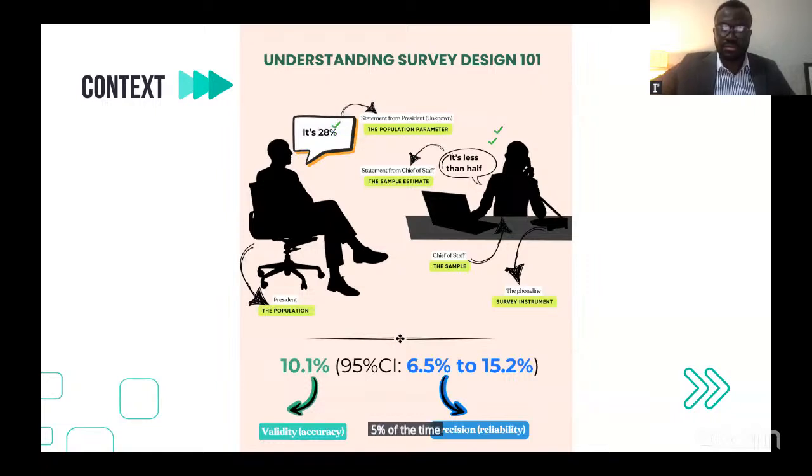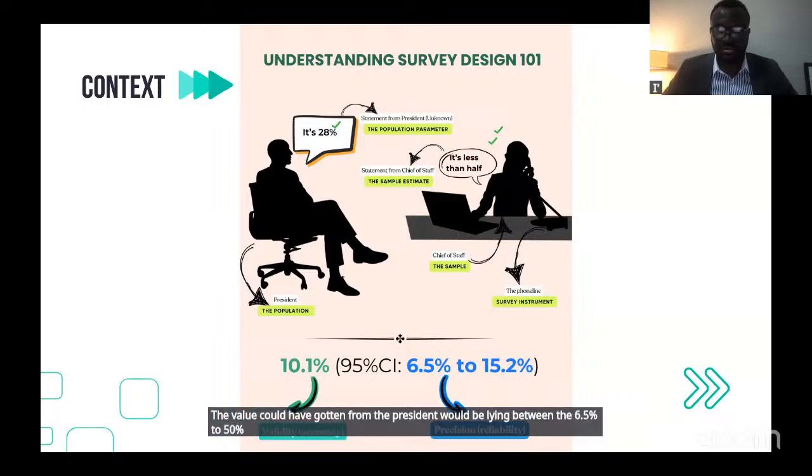Or in other words, if the president had spoken, the value we would have gotten from the president would lie between 6.5% and 15%. And this value comes with 95.